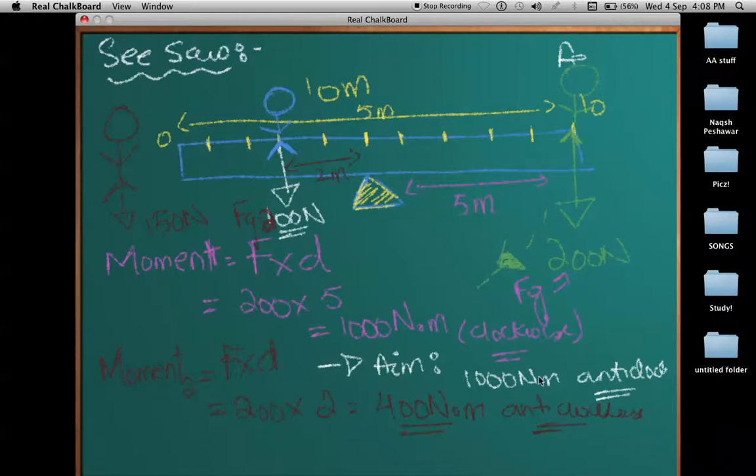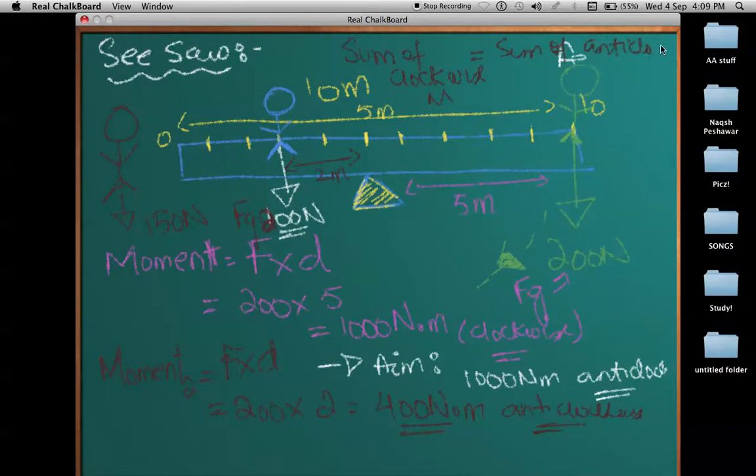So what we can do is, I have fulfilled the requirement of 400 newton meters. The leftover moment is, let's say, 600 newton meters. The other guy has to fulfill the 600 newton meter requirement. So he has to choose a place from which he can fulfill it. That is our aim in this situation, because we know that the sum of clockwise moments should be equal to the sum of anti-clockwise moments.